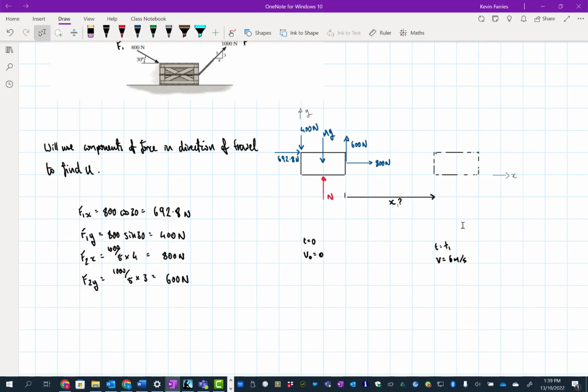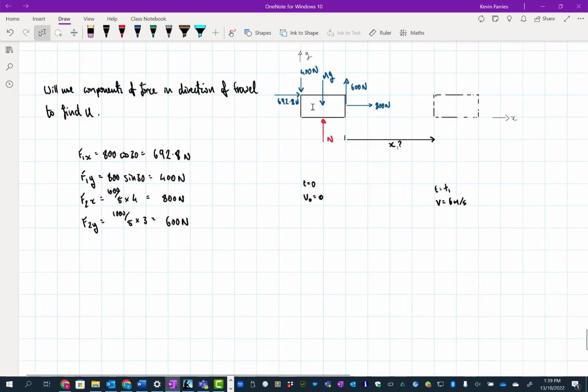Now, so essentially you're getting no motion in the vertical direction, so this normal force must balance all of the vertical forces, and so you've got no motion in the y direction.